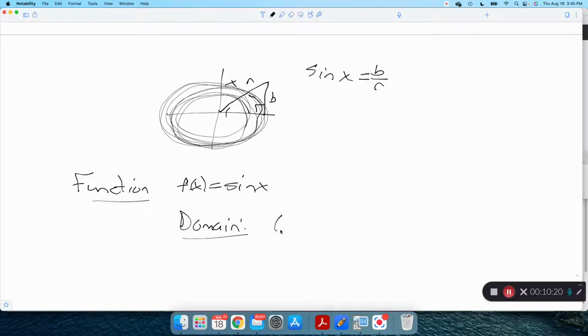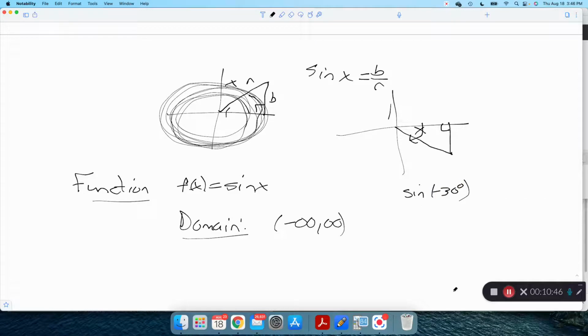I can use anything I want. Negative infinity to infinity. You can take sine of any angle. We could even have negative angles. I could take x here to be rotating backwards. So x might be negative 30 degrees. I could do that. Sine of negative 30 degrees.